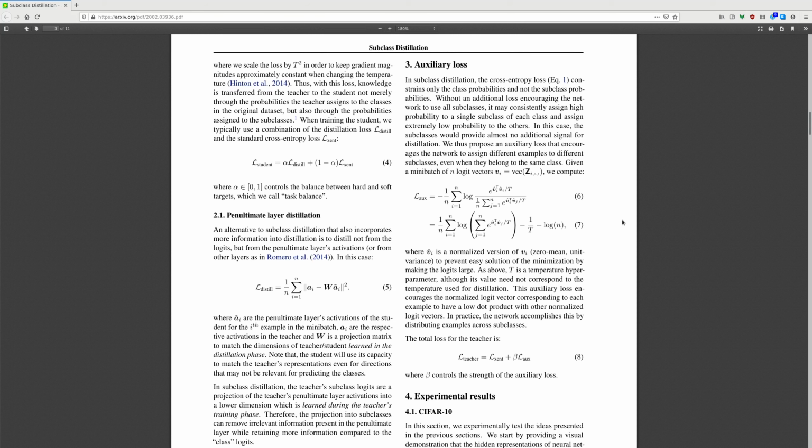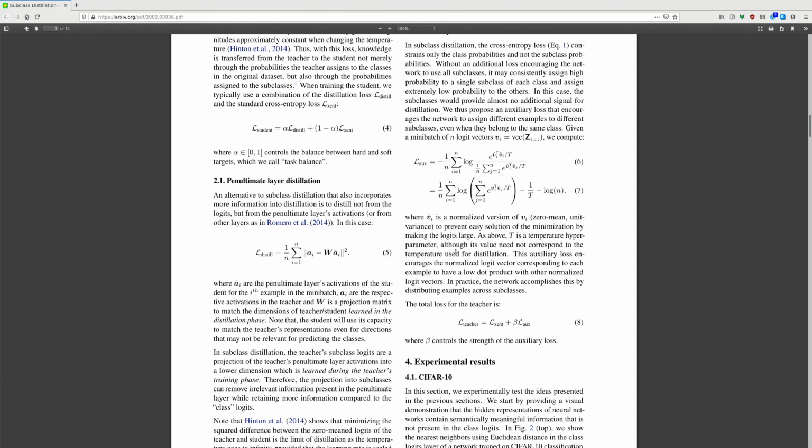even when they belong to the same class. Given a mini-batch of logit vectors, we compute the auxiliary loss. So the auxiliary loss here is an average of the log of something like a softmax over the mini-batch, of the dot product of the normalized logit vectors divided by temperature, where the normalized version of the vector has zero mean and unit variance, to prevent the easy solution of the minimization, making the logits large.